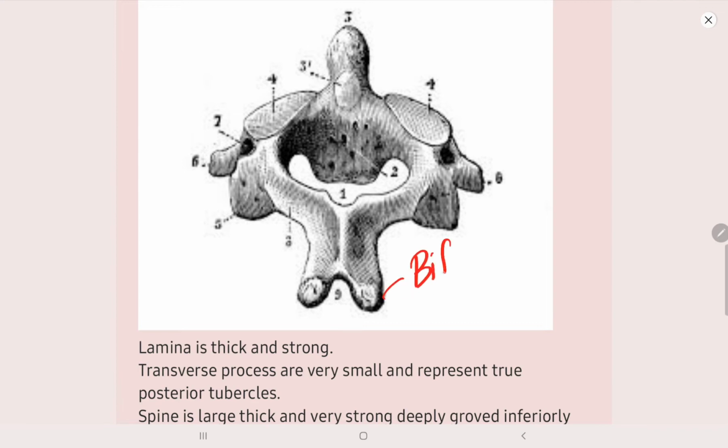Bifid means two; the spinous processes are divided into two parts. It is a character of cervical vertebrae except the atlas.